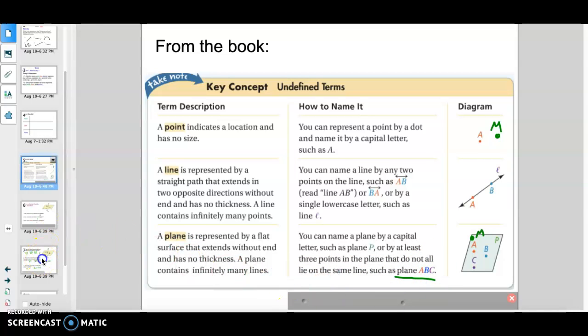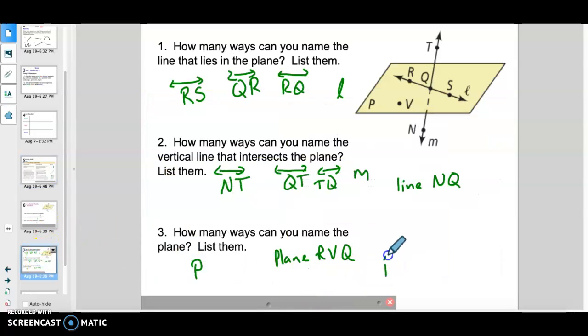So you'll say plane and then the 3 letters. We could also do plane SVR. Any 3 points that are not in a line. We couldn't say plane RQS because those are in a line, but anything that includes V to make that triangle would work. And that's on the yellow plane.